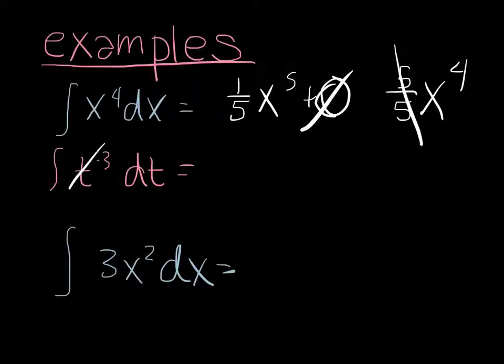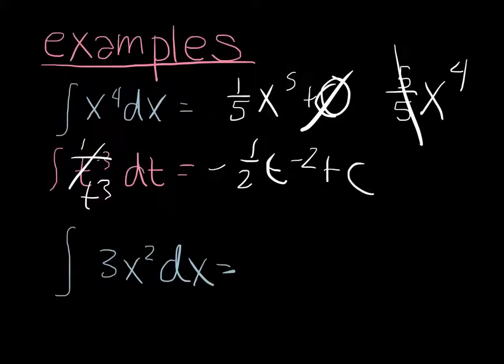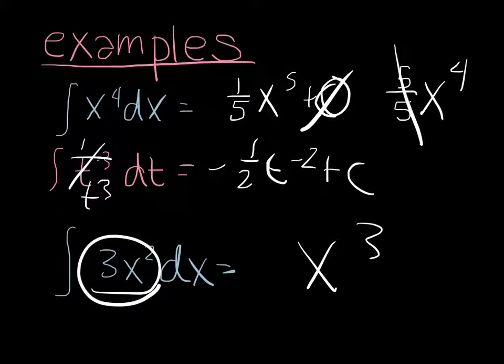Here we can rewrite this as 1 over t cubed, and then we find that its integral is -1/2 t to the negative 2 plus c, because the derivative of that is t to the negative third. Here the integral is equal to x cubed because the derivative of x cubed is 3x squared.